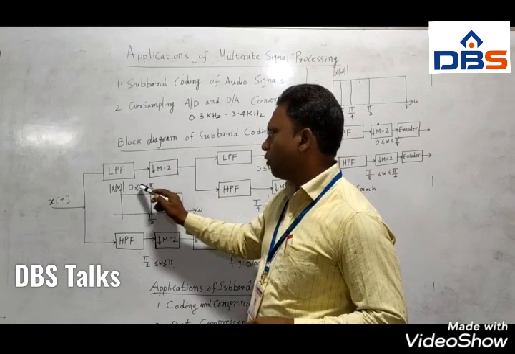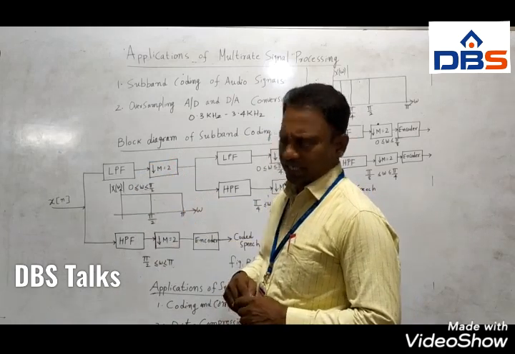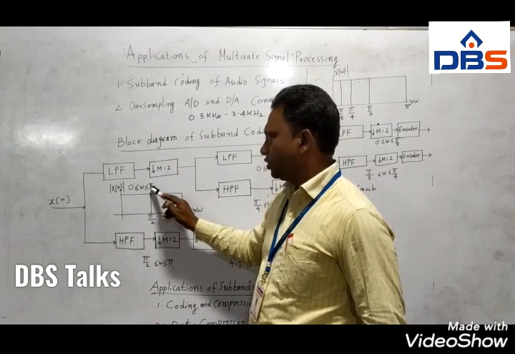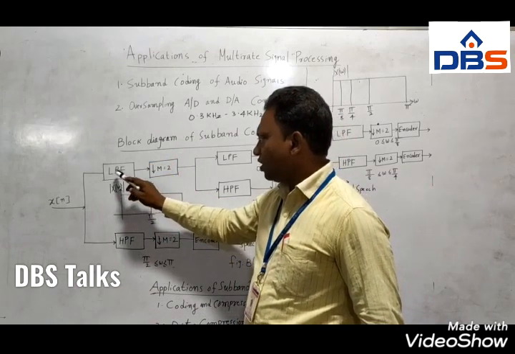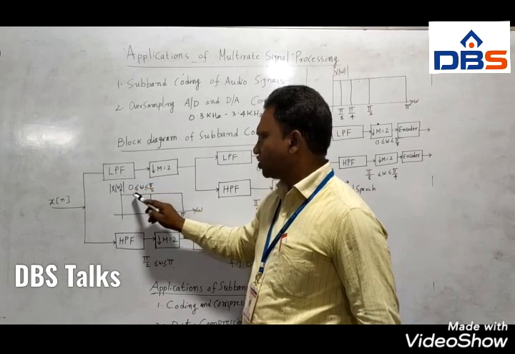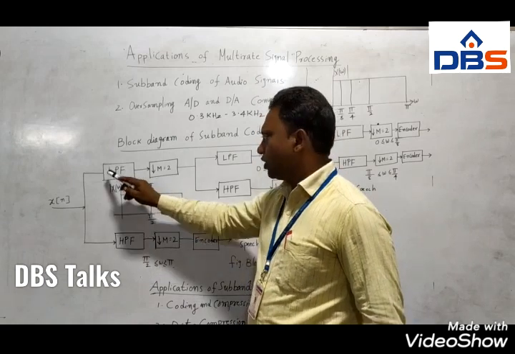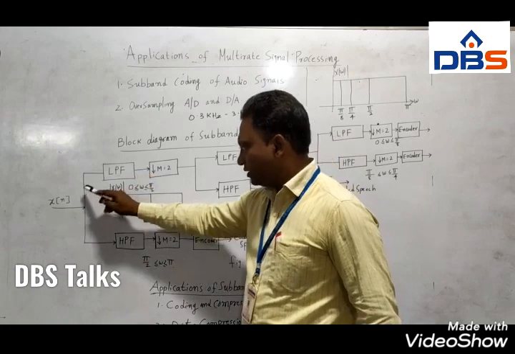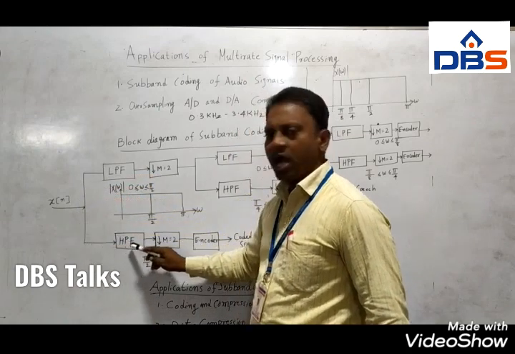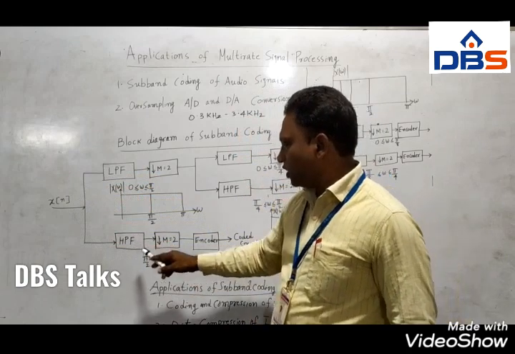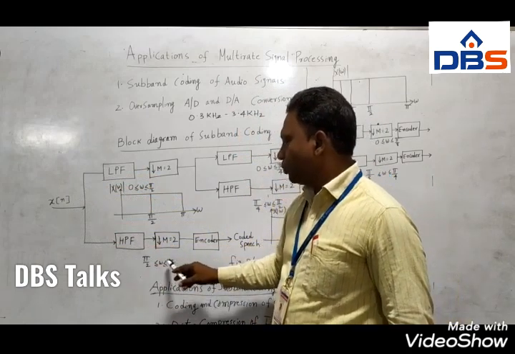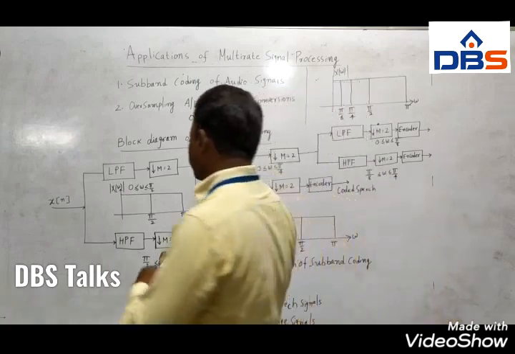Here omega is the frequency range from 0 to pi by 2. For the frequencies between 0 to pi by 2, frequencies are allowed here, and the same x of n is given to the high pass filter. What does this high pass filter do? It passes the frequencies from pi by 2 to pi. Okay, now we will see.